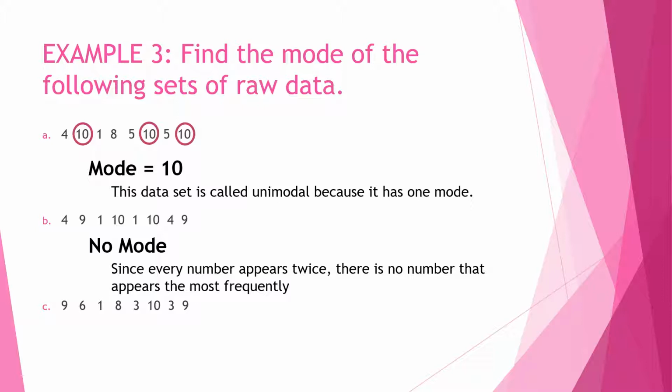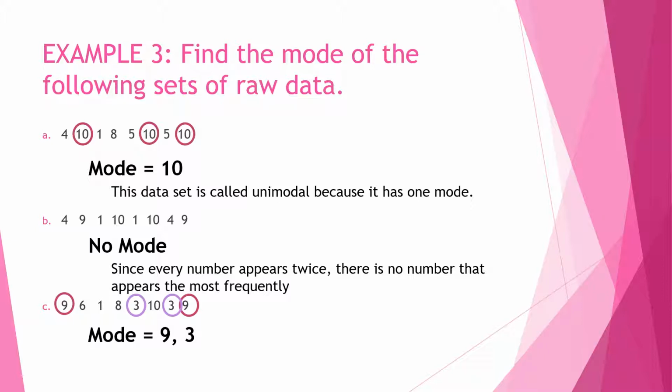In our last data set, part C, it's 9, 6, 1, 8, 3, 10, 3, 9. Alright, so I see two 9s and 2 3s. Those are the ones that appear the most often. So we have 2 modes here, 9 and 3. You can see here I've separated them with a comma.